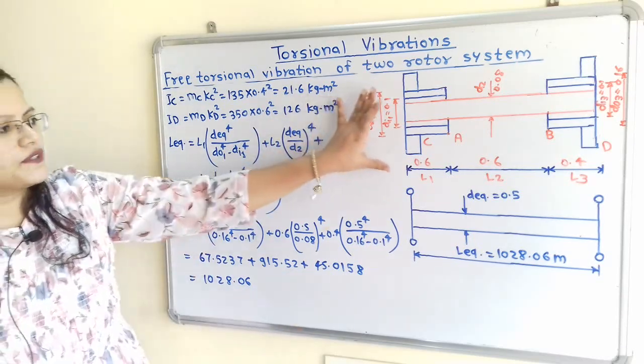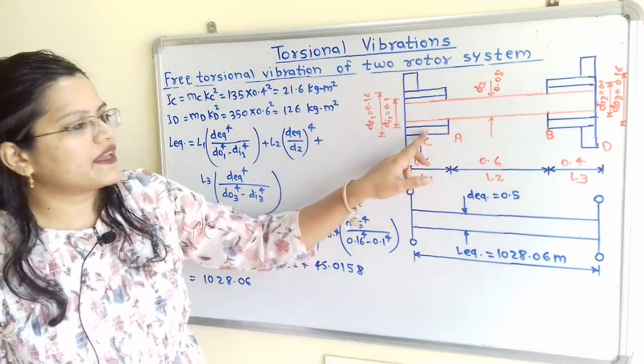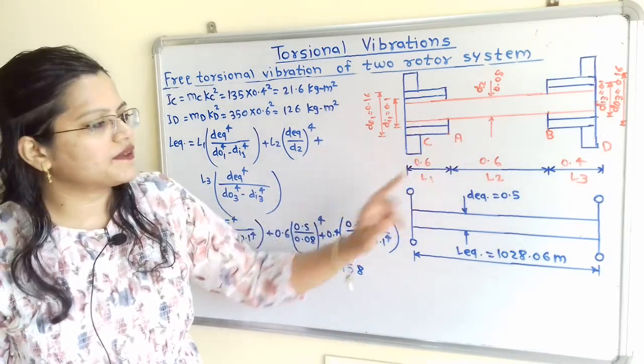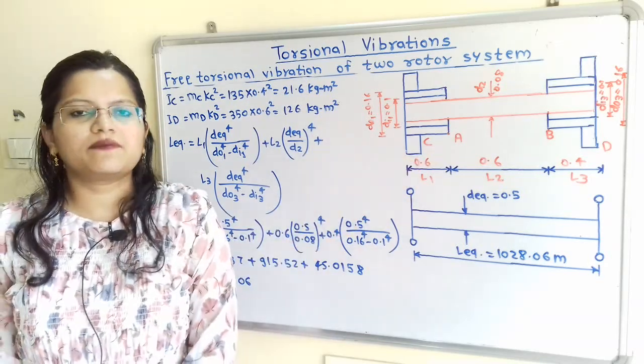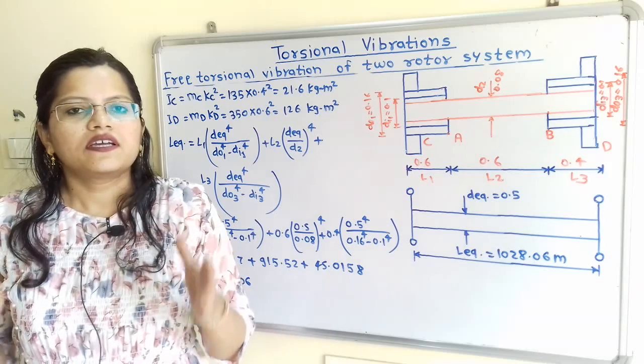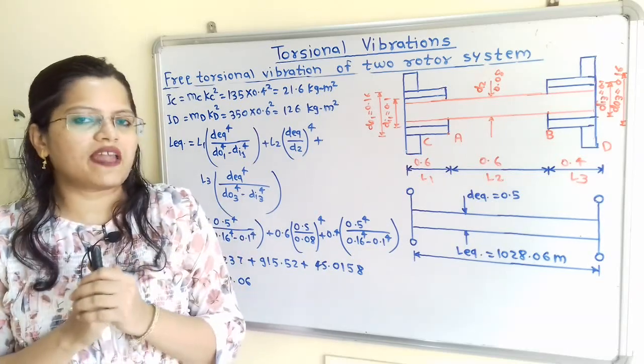Now if we observe the given question, this system has different diameters with different lengths. So we will replace this actual system with an equivalent system with uniform diameter and equivalent length.